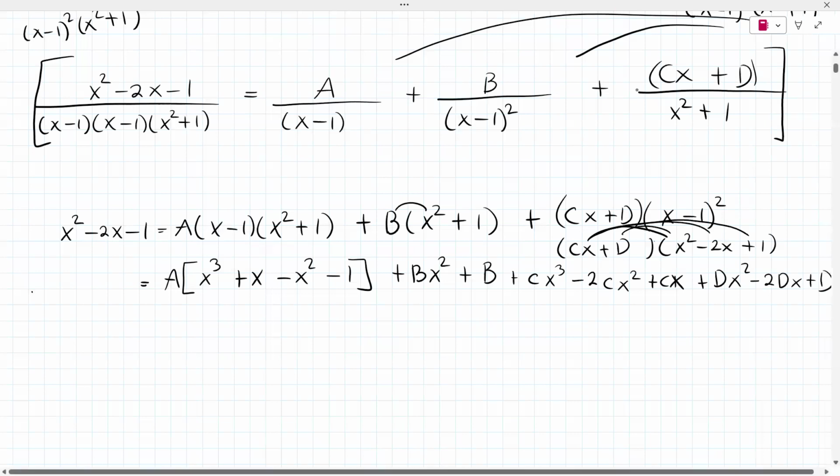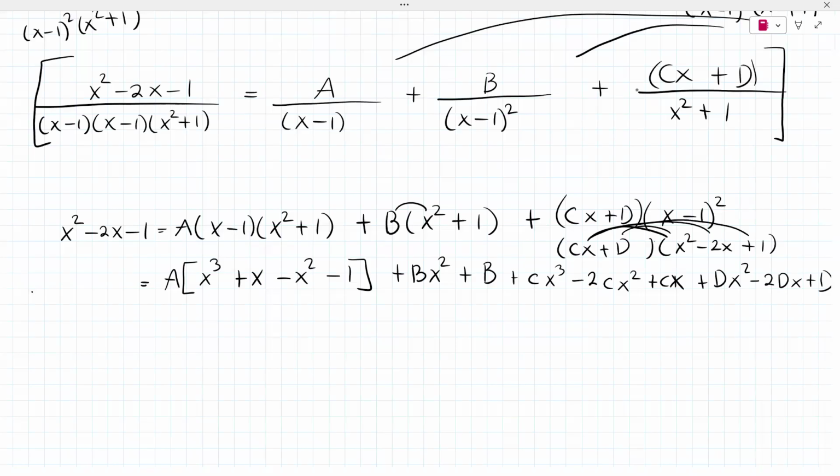And then when you FOIL out this A, this is what you're going to get. On the left, it's just x squared minus 2x minus 1. FOIL out this A, so this is going to be Ax cubed.